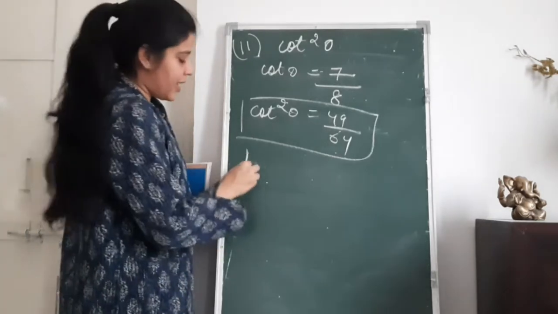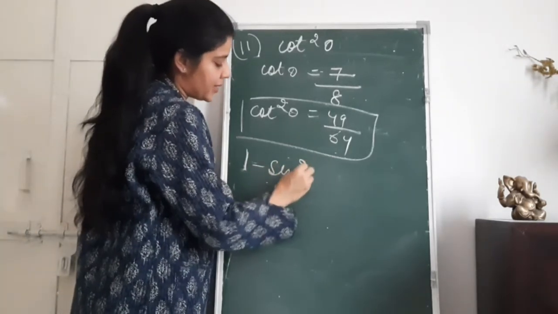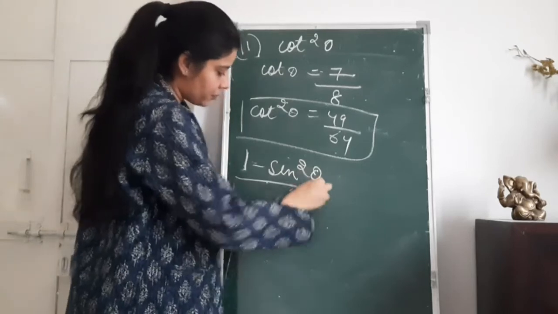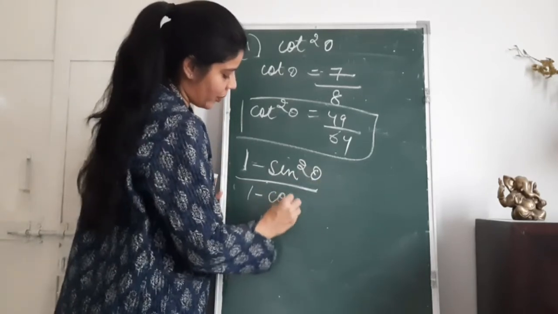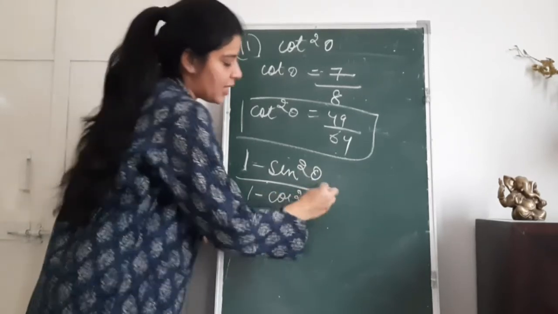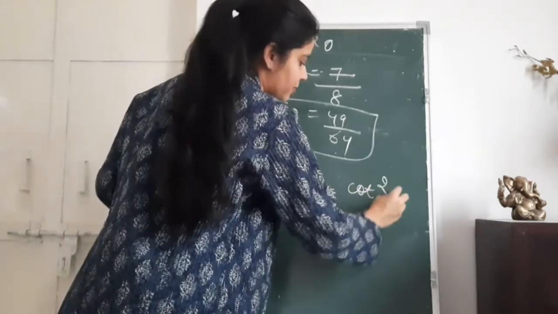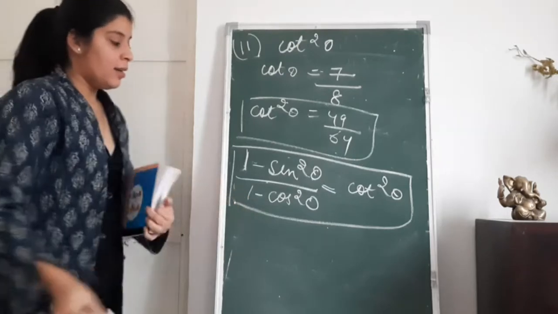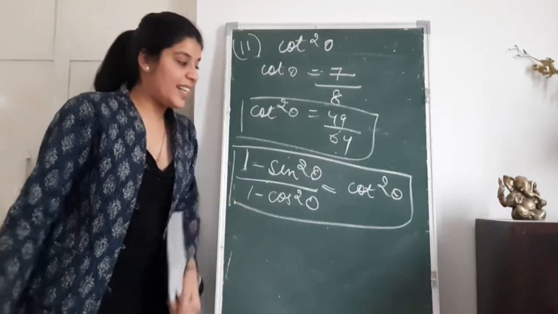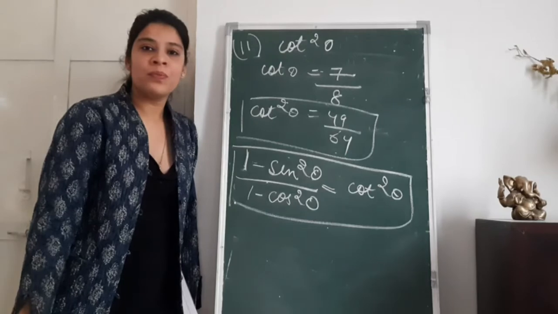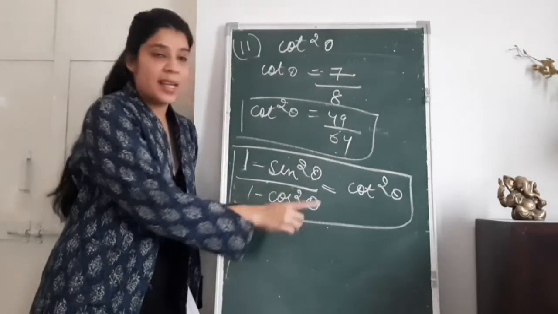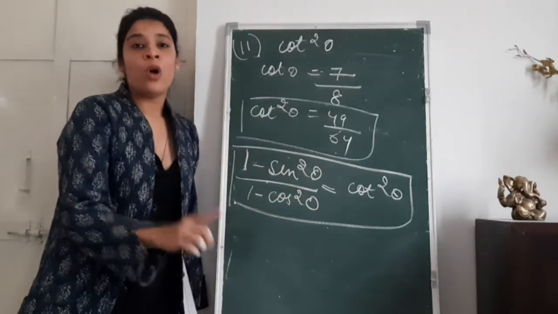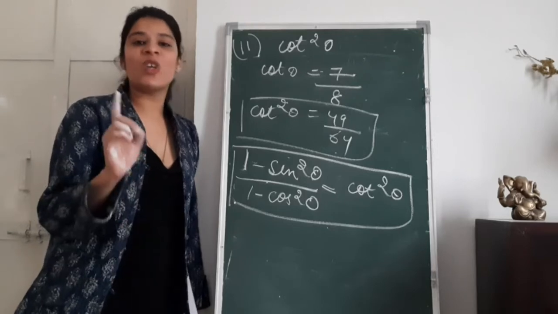So can I say 1 minus sin squared theta upon 1 minus cos squared theta is equal to cot squared theta when theta is an acute angle of a right angled triangle?